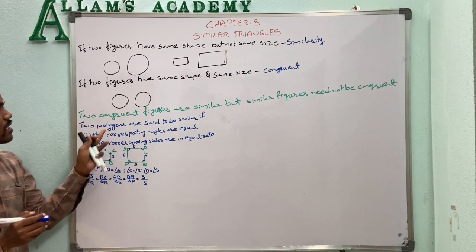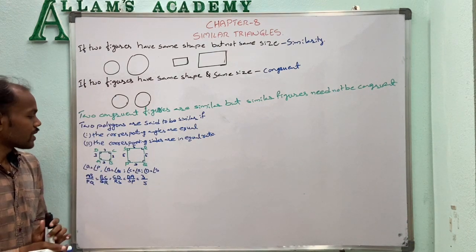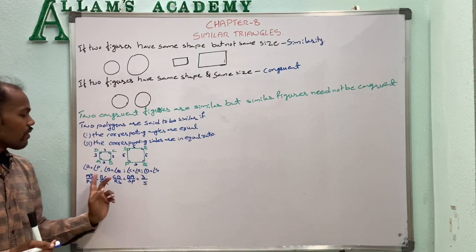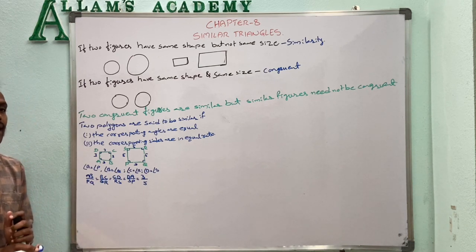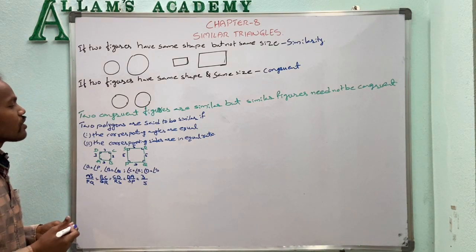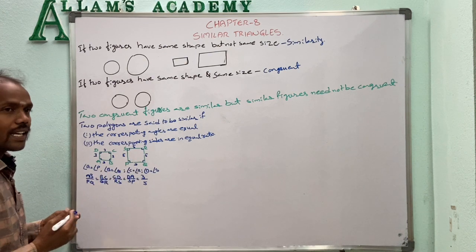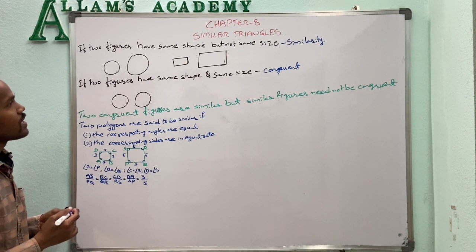So in these polygons the corresponding angles are equal and the corresponding sides ratios are equal. So these two polygons are said to be similar.